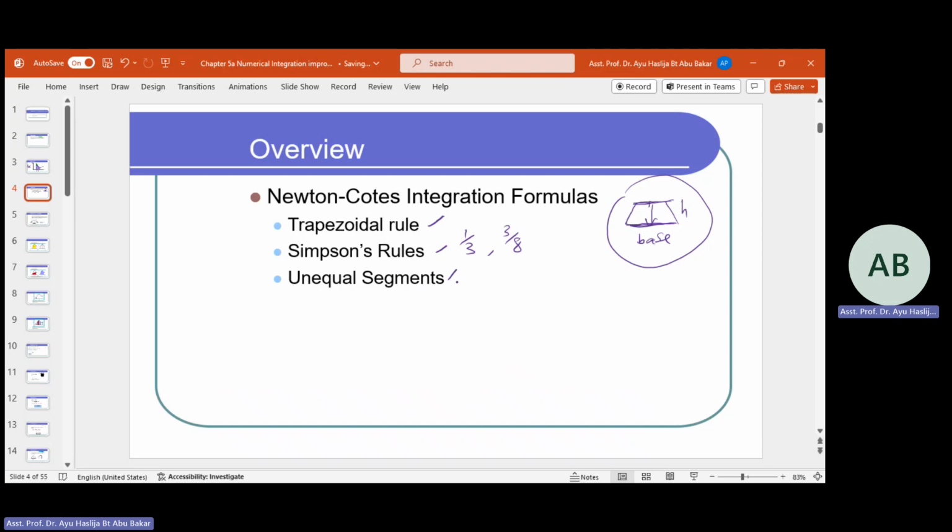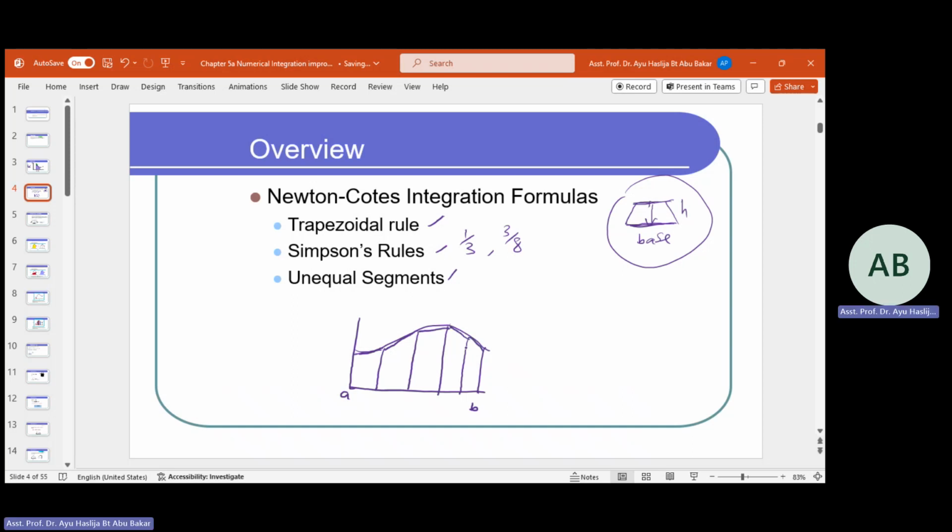Unequal segments mean when you have different step size. For example, let's say this is the curve from point A to point B. If trapezoid, this is the trapezoid shape.